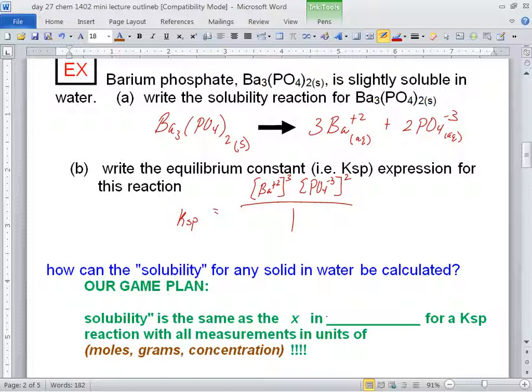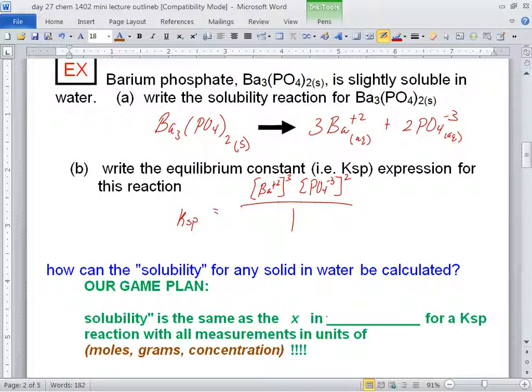So our game plan. Andrea, let's see if you can make a good guess here. Solubility is the same as the blank in, is the same as the X in blank for a KSP reaction. Where did we use x? When have we been, what's this x coming from?